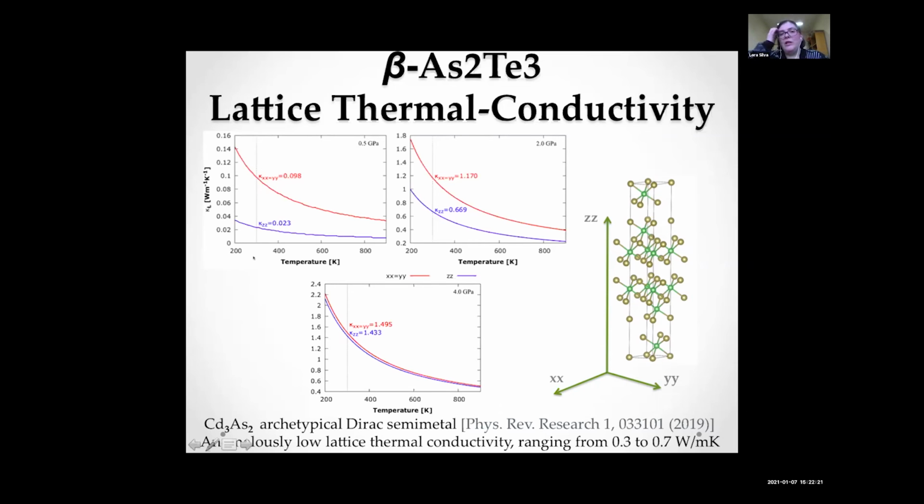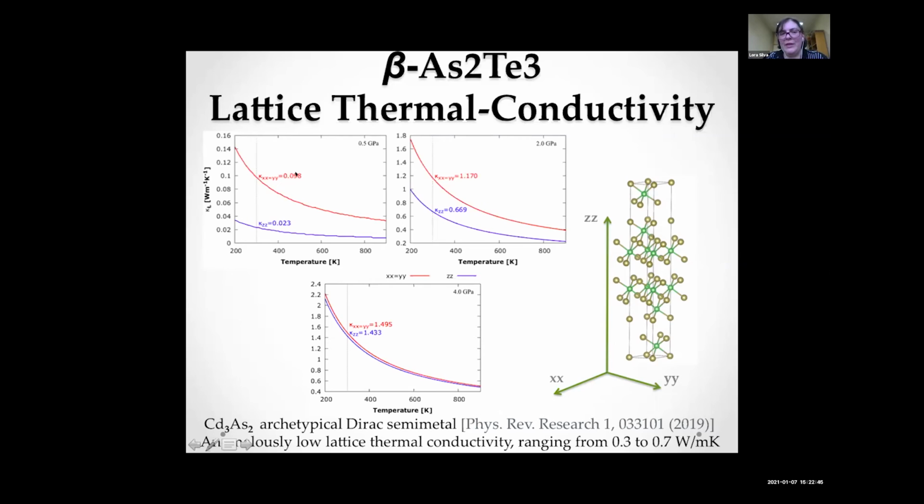We tend to look at the lattice thermal conductivity at room temperature, 300 Kelvin, more or less. And these are the values that we obtain at 0.5 gigapascal. Apologies, I forgot to put the units, but I've got them there. These are very low values.